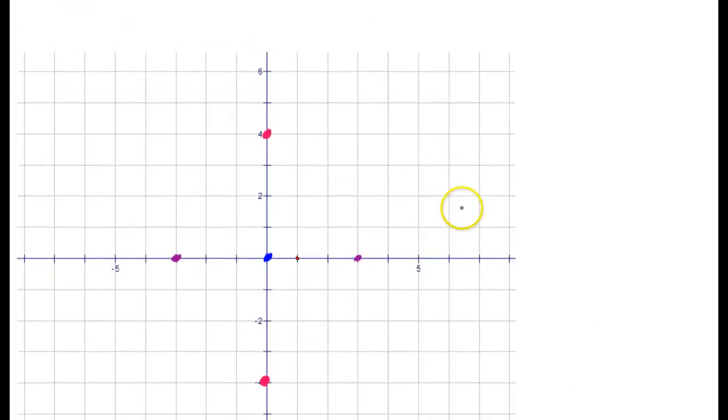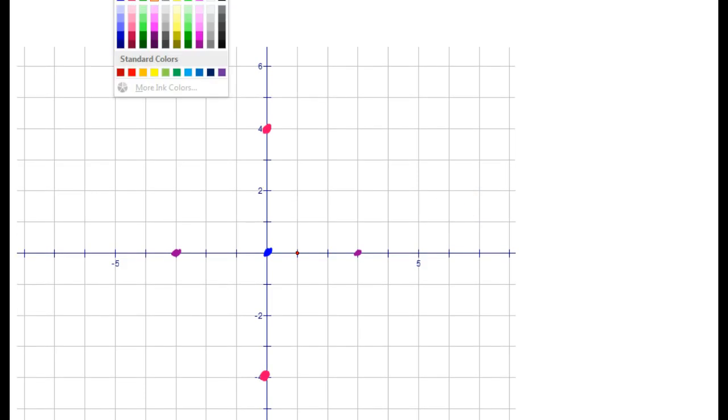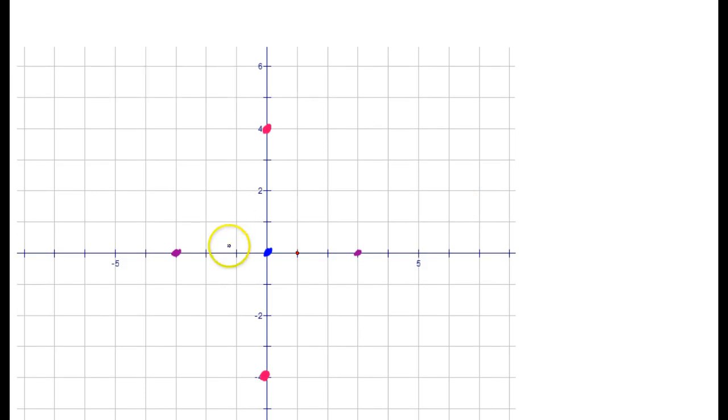The vertices and the co-vertices define a rectangle that will reveal the asymptotes. So go ahead and draw the rectangle that contains the vertices and co-vertices.